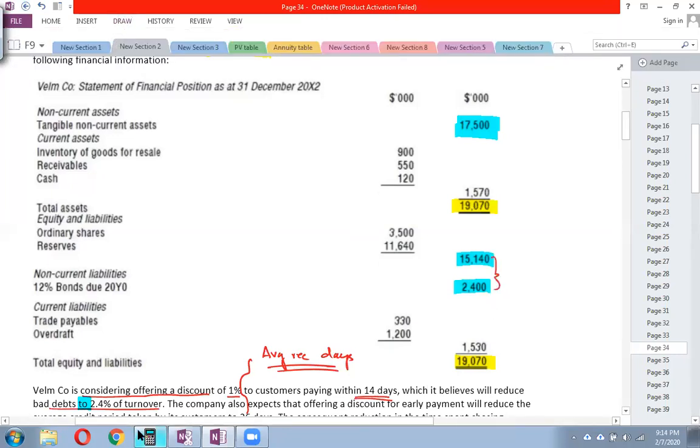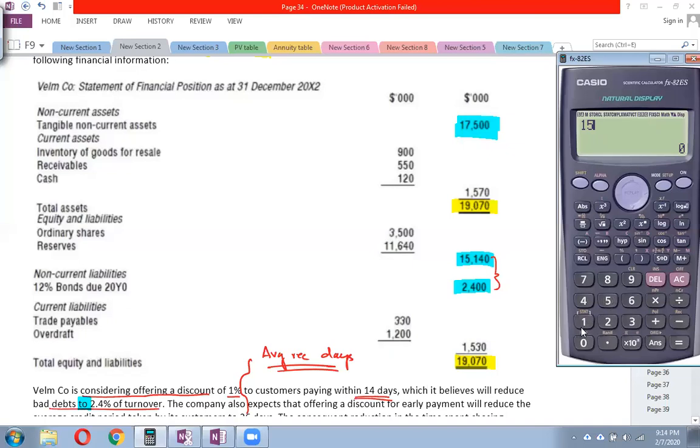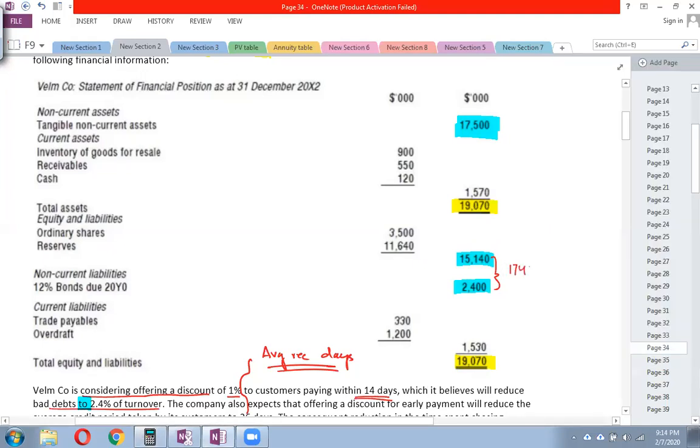If you add these two together, 15,140 plus 2,400, what do you get? 17,540. Now, how much long-term finance do we have? 17,540. And out of 17,540, 17,500 is used for non-current asset, right?